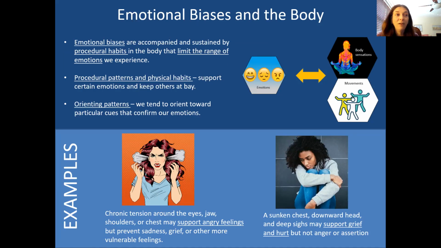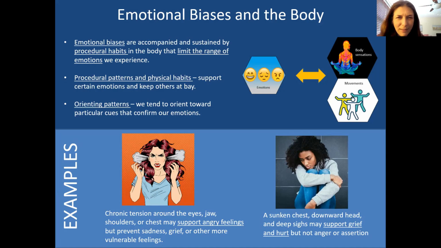We even tend to orient towards certain things that reinforce the emotions we tend to experience. We might look for certain clues in our environment that reinforce anger, sadness, unworthiness, anxiety, and it puts the whole picture together.